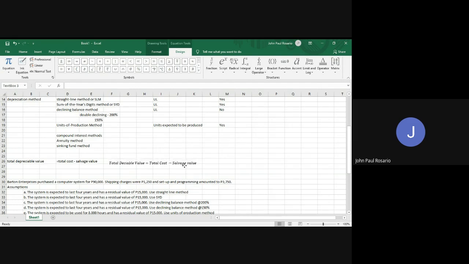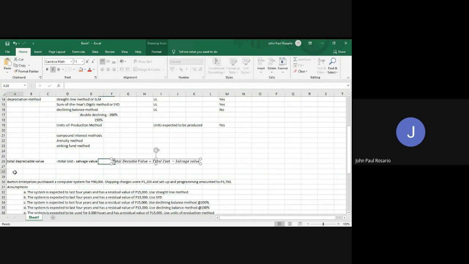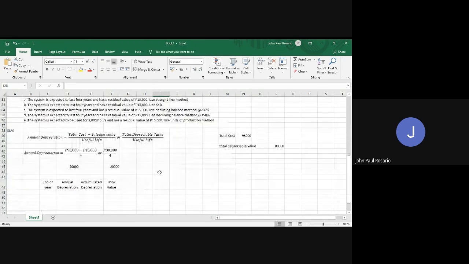While our book value is equal to total cost minus accumulated depreciation. Okay. So with that in mind, let's complete our table.